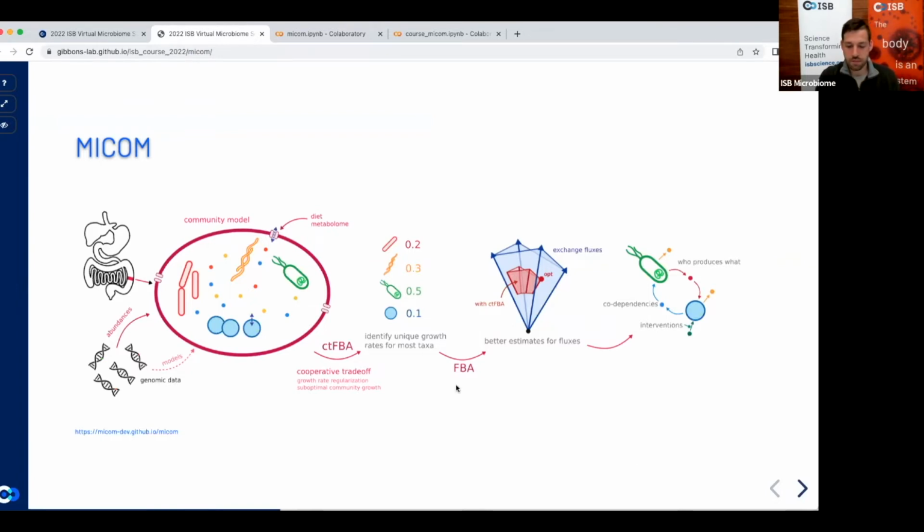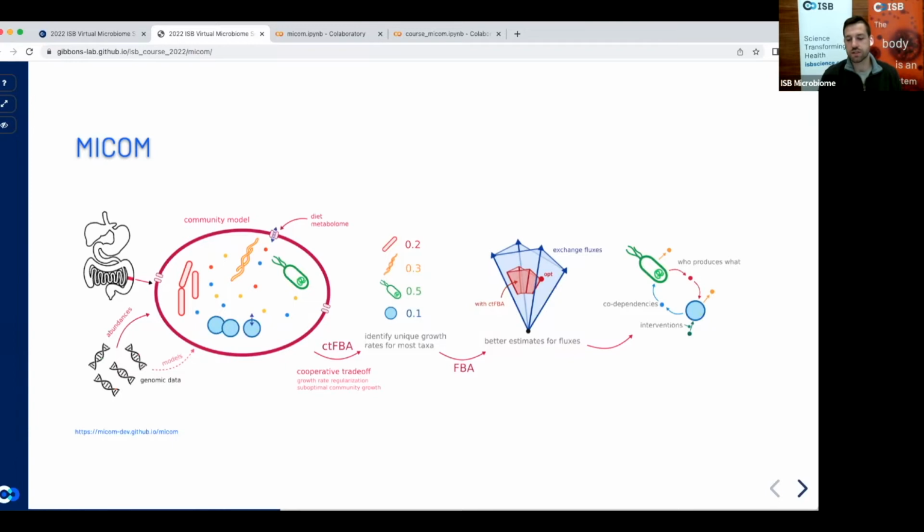Mycom will then map the abundance data to a database containing hundreds of genome scale metabolic models for common gut microbes. So basically a database that contains hundreds of reconstructions of individual taxa that are commonly found in the gut microbiome.